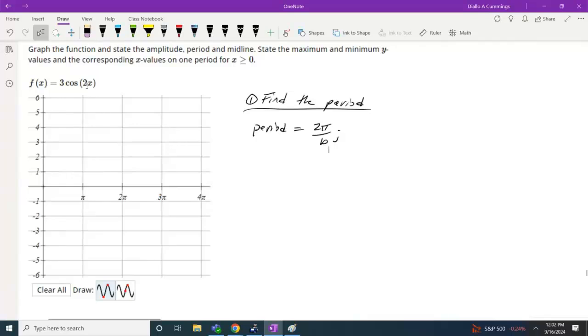But if I look at this problem, the coefficient b is going to be 2. So the period is going to equal pi, right? Because 2 pi over 2, the 2's are going to cancel, and that just leaves pi.